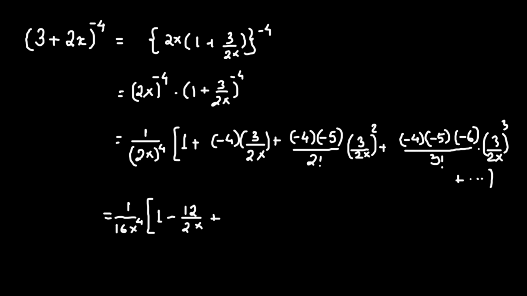So we have plus 20 over 2 factorial, which is simply 2, times 3 squared, which is 9, divided by 4x squared. Then we have negative 4 times negative 5, which is 20. 20 times negative 6 is 120. So we have 120 over 3 factorial, which is 6, times 3 cubed, which is 27, divided by 2x cubed, which is 8x cubed.]